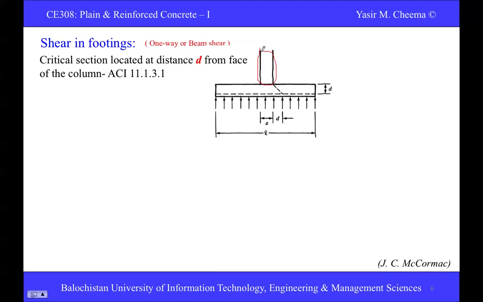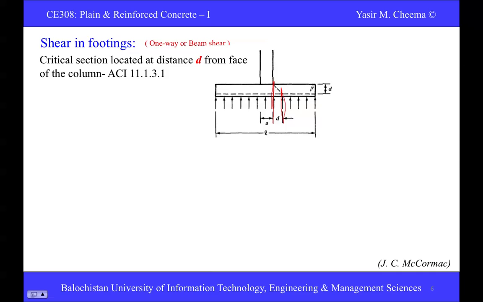For this kind of column, the critical section where shear strength would be maximum is located at distance D from the face of the column. If you see here, this is the face of the column. So the critical section is somewhere here, at distance D from the face of the column.